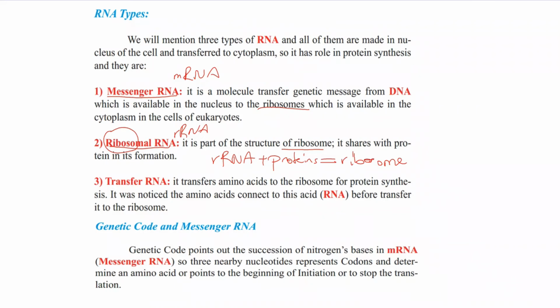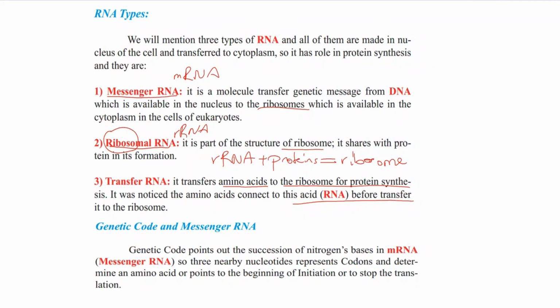The third is transfer RNA, tRNA. It transfers amino acids to the ribosome to build proteins. It was noticed that the amino acids connect to this RNA before it transfers them to the ribosome. They connect amino acids and carry them to the ribosome.